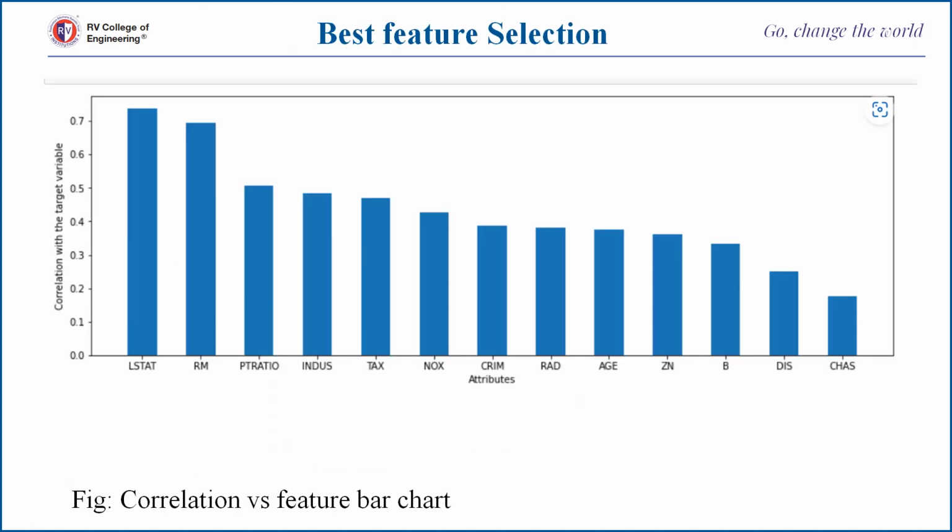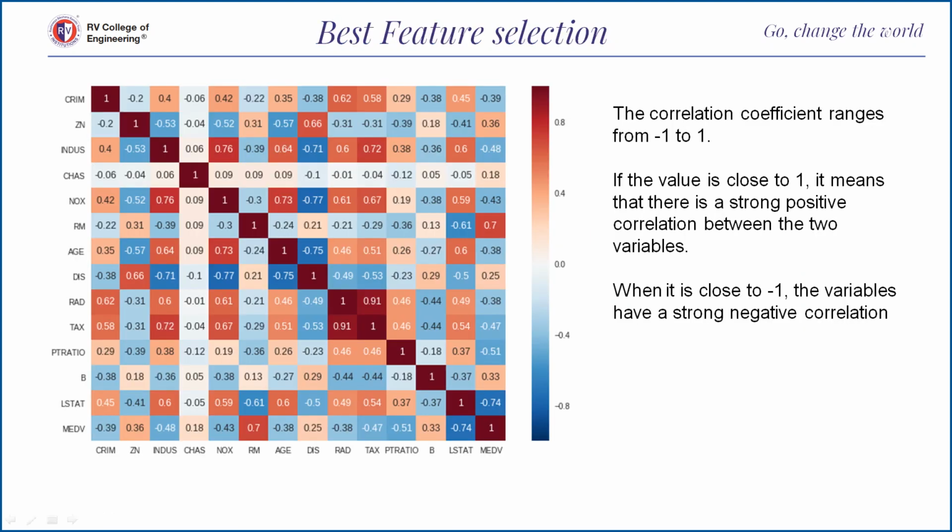Now for best feature selection, we have plotted the correlation of the target variable with the other attributes, and we see LSTAT, the lower status population in the area, and number of rooms have high correlation values with the house prices. Here is a heat map of the house prices versus all the other features' correlation values.